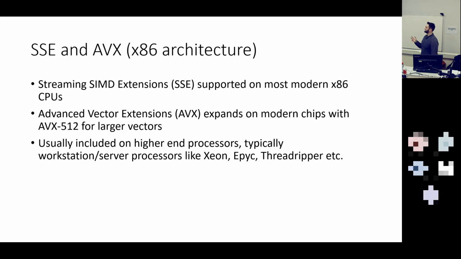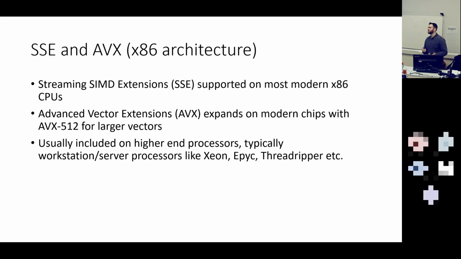But this is quite old, like early 2000s. They started adding these onto processors. And more recently, in the 2010s, they've started adding AVX, which has a lot more instructions, and they're basically just more complicated instructions and also larger registers as well.